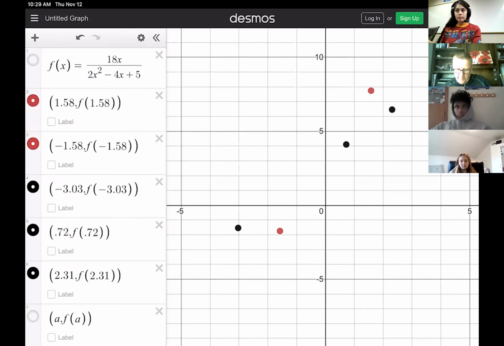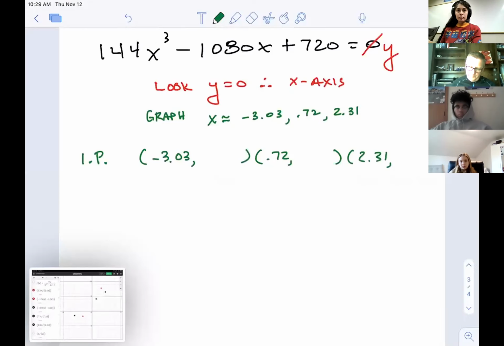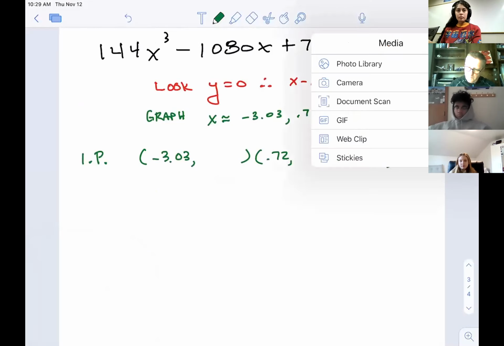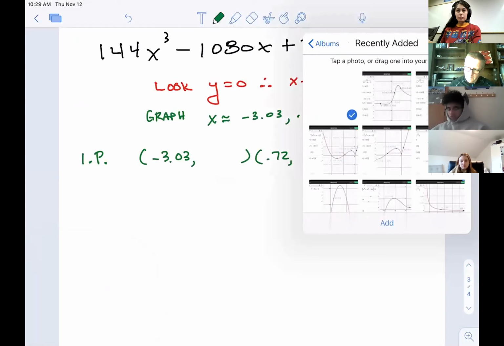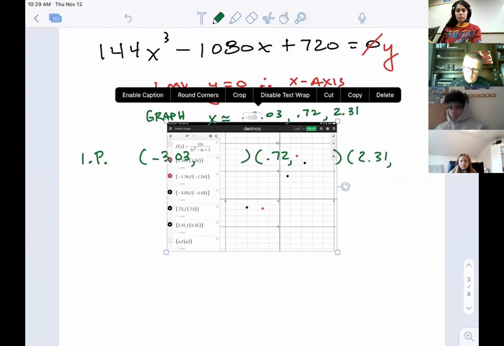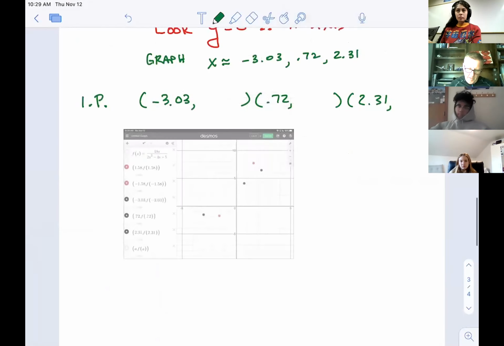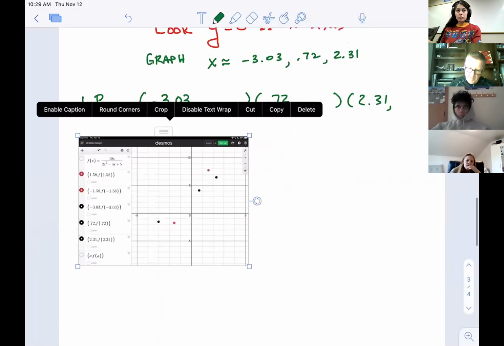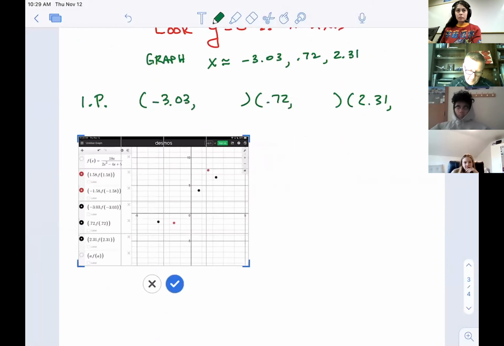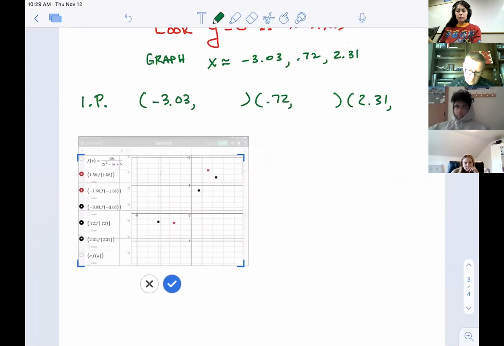So take a picture, bring it over. So I want you to stare at this beauty for a second and see if you can picture the graph. I'm going to crop it a little bit so I can make it as large as possible, as I often do.